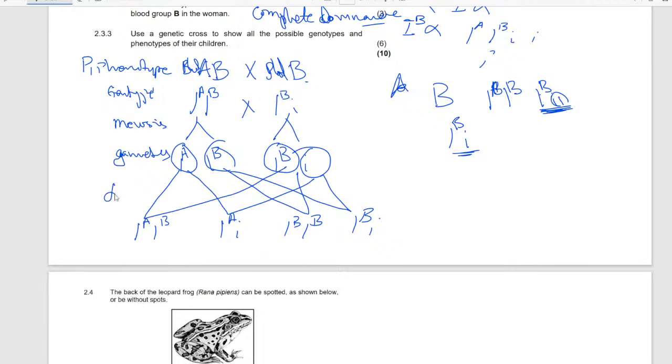We call this fertilization. And then how do you call this? We call this offsprings. And then how do you call this? This is F1 generation.